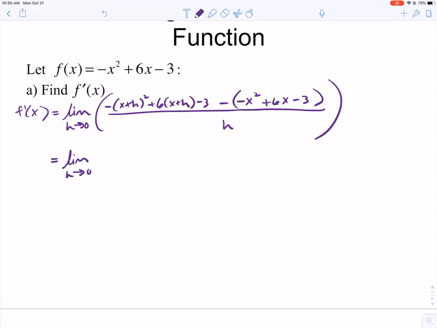We have to use the sledgehammer, just multiply everything out and simplify or combine like terms.